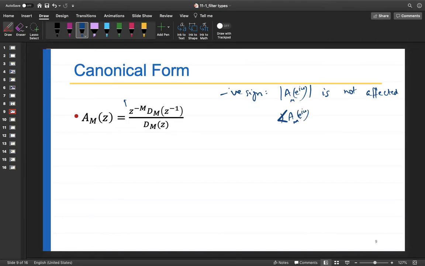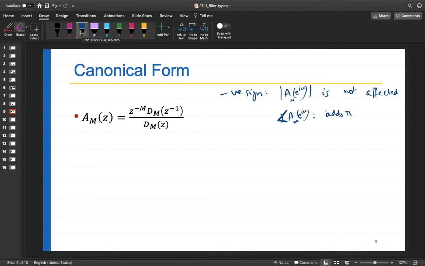The phase response, angle of A_M(e to the power j omega), is affected. How? The negative sign will just introduce a pi phase. So the negative sign adds a pi to my phase response. So I can ignore the negative sign for the time being and just focus on the positive part of it.